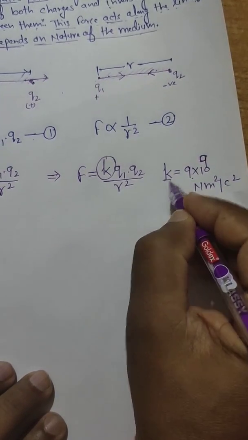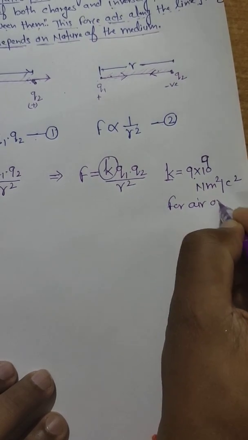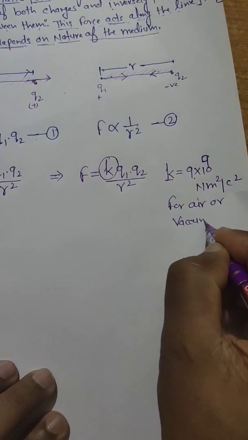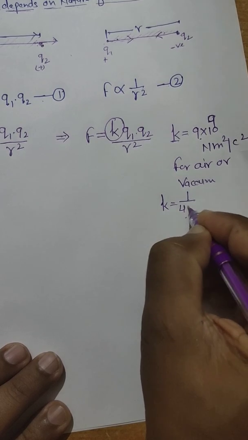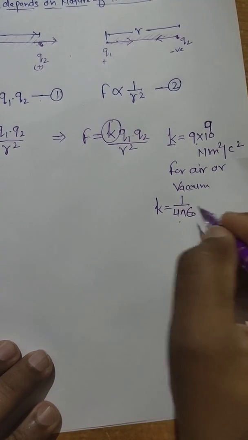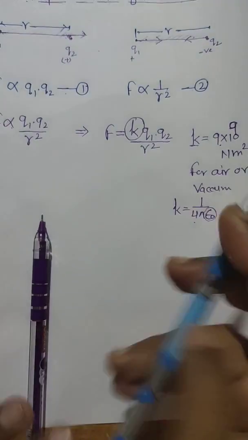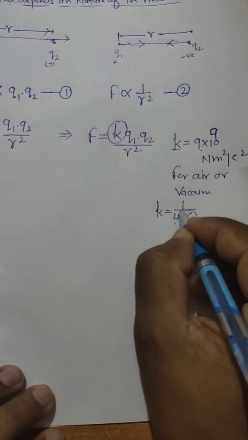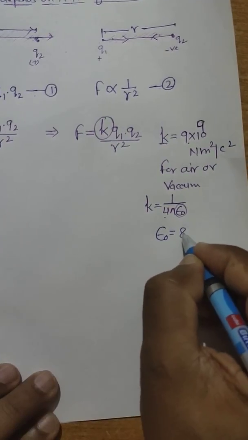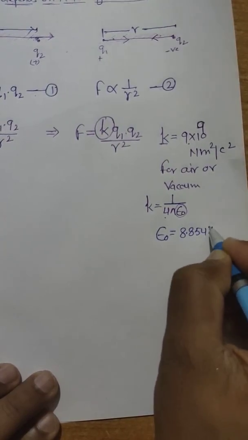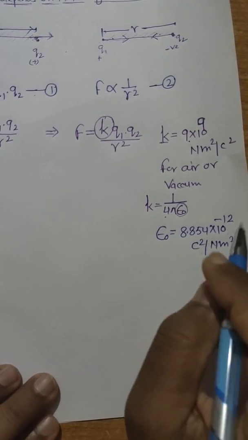This is the magnitude of K, the proportionality constant, for air or vacuum. The value of K is equal to 1 upon 4 pi epsilon 0, where epsilon 0 is called the permittivity of free space or vacuum. The value of epsilon 0 is 8.854 into 10 to the power minus 12 Coulomb square per Newton meter square.